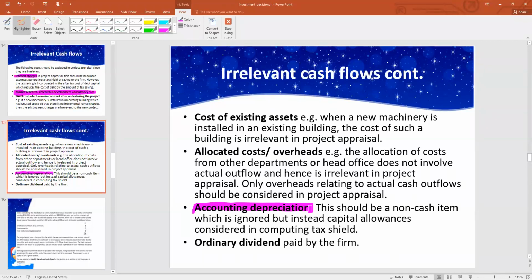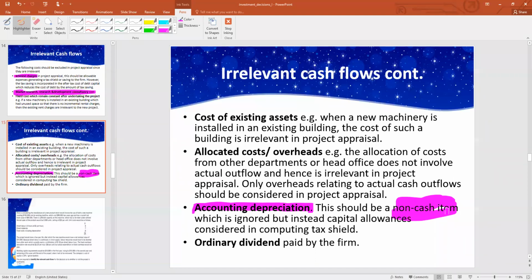Don't forget, you have already taken care of the cost in year zero as the initial investment cost, so you can't start accounting for it again. That's why accounting depreciation is an irrelevant cash flow. It's not even a cash flow, it's a non-cash item. You paid for the asset in year zero, so any further depreciation involves no movement of cash.